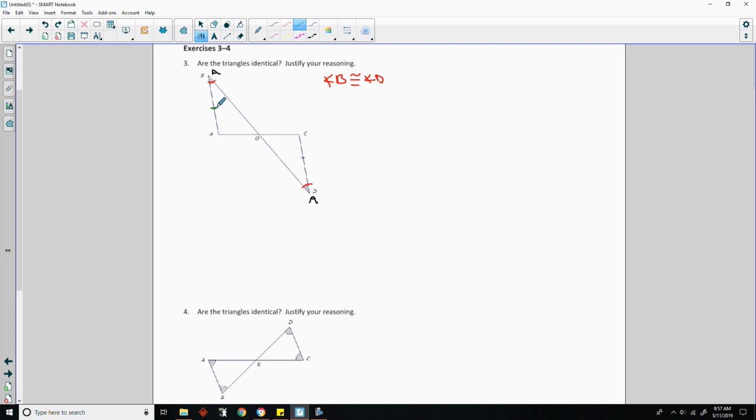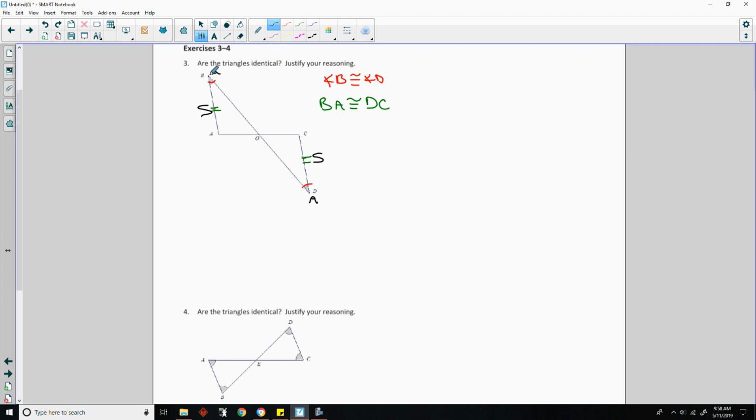Side AB has a marker. Actually, it's 2. And side CD has a mark. So, side BA is congruent to side DC. Okay, and so therefore that is a side.